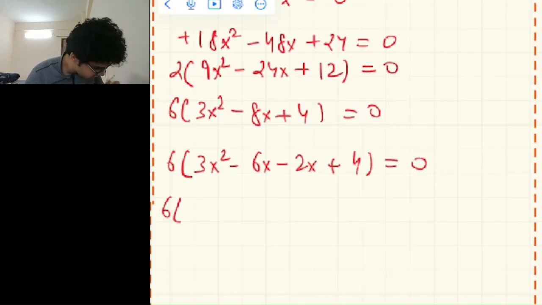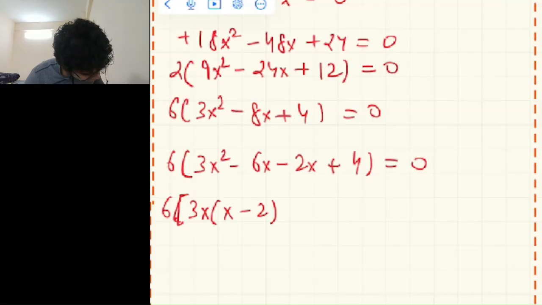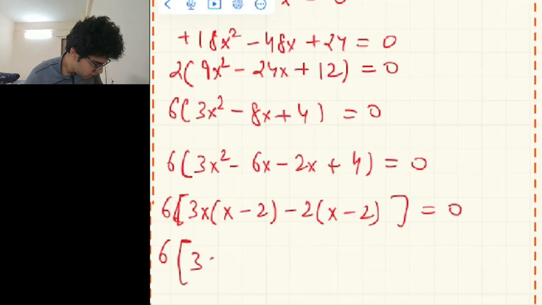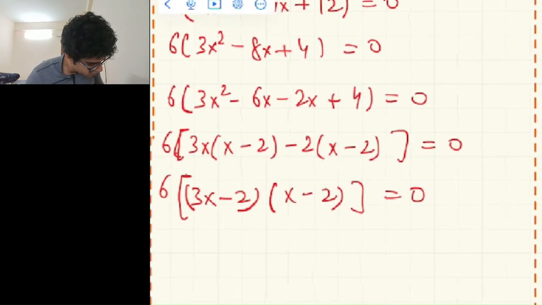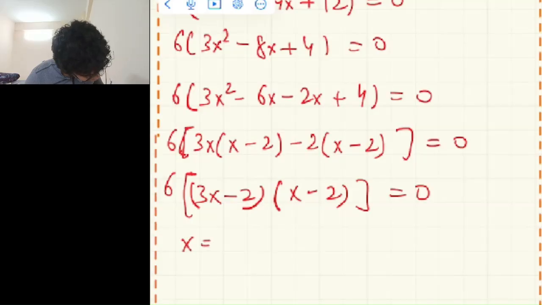If I take 3x common here, this will give me x minus 2, and I can take minus 2 common, so minus 2 times (x minus 2), and this would be equal to 0. So this would give me (3x minus 2) and (x minus 2) is equal to 0. This would give me x as 2 by 3 and x can be equal to 2.